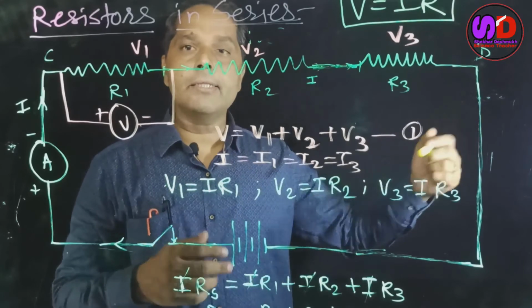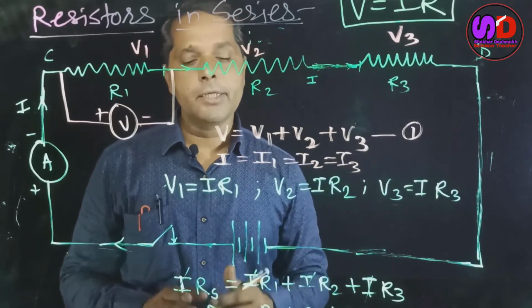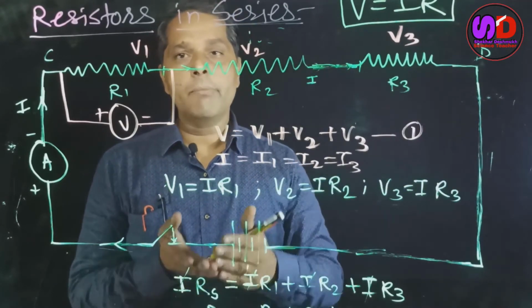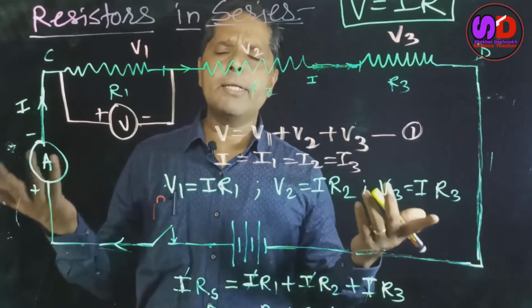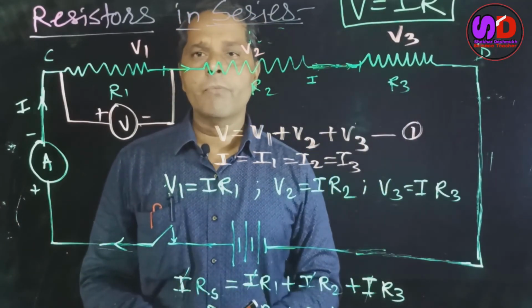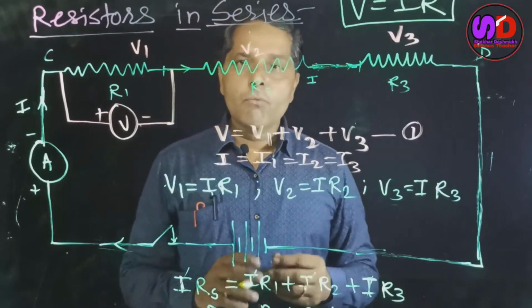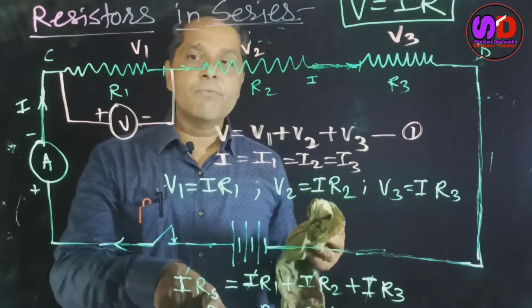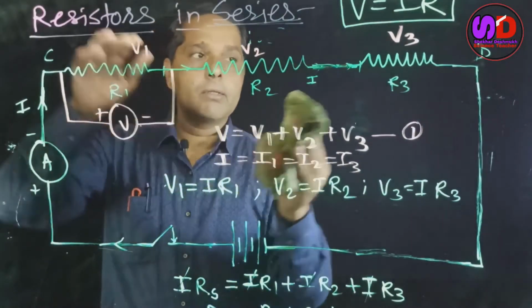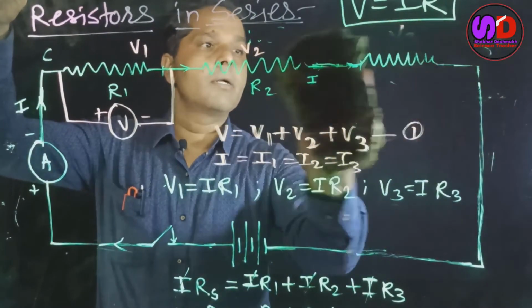If we take n resistances, then it should be equal to R1 plus R2 plus dash dash dash up to Rn. So many resistances we can use there. So what is the meaning of that? We get this formula.